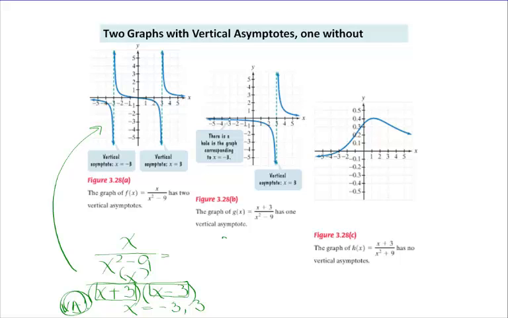Now let's look at this function, x plus 3 over x squared minus 9, so the same denominator we were working with on the other function. But this tells me I'm not going to have a vertical asymptote at x equal -3. I'm going to have a hole in the graph.